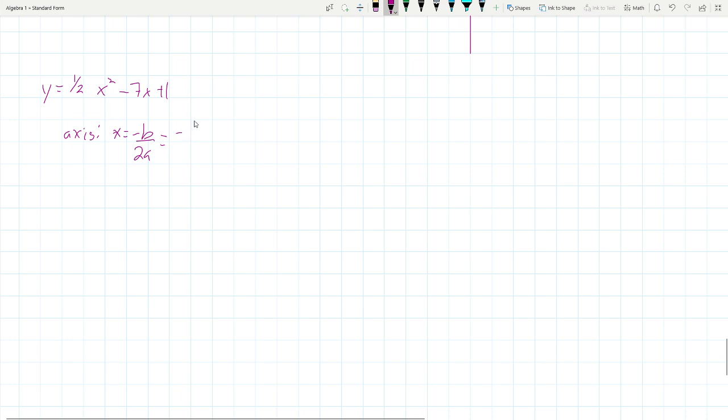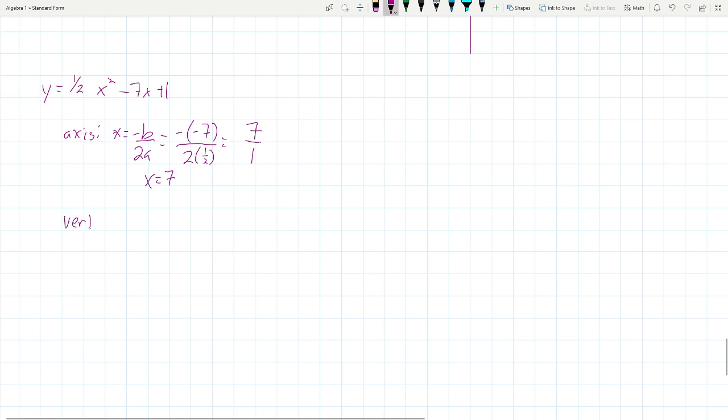And so that's -7 divided by 2 times 1/2. With that, I'm going to get a positive 7. 2 times 1/2 is 1. So my axis of symmetry, my x equals 7.